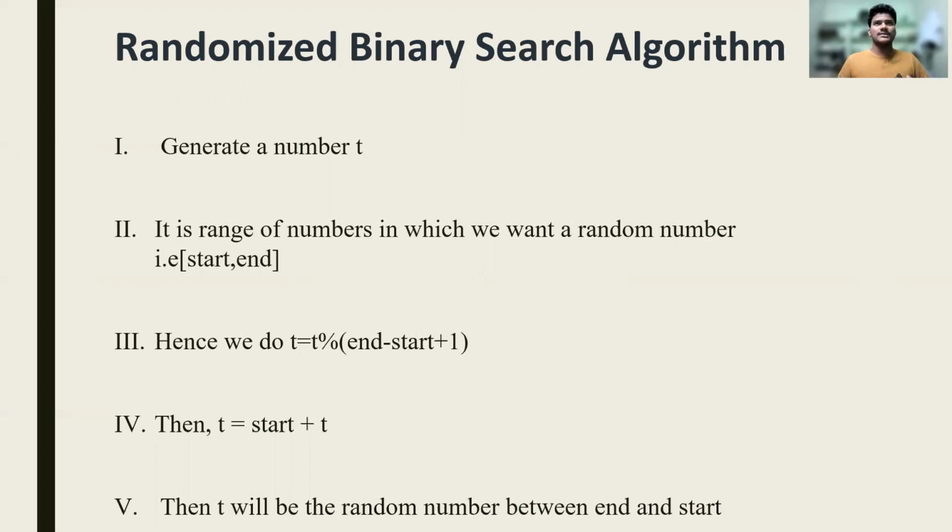Now t will be any of the numbers in the array, and it will be checked directly against the value. Let's say the element to be searched is x. First it will check whether the t value is directly equal to x or not.